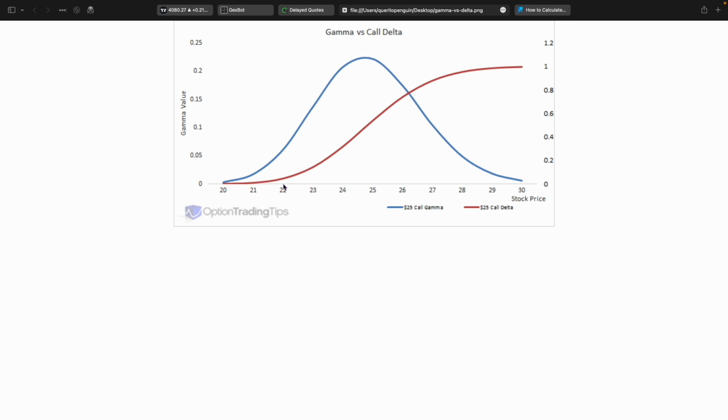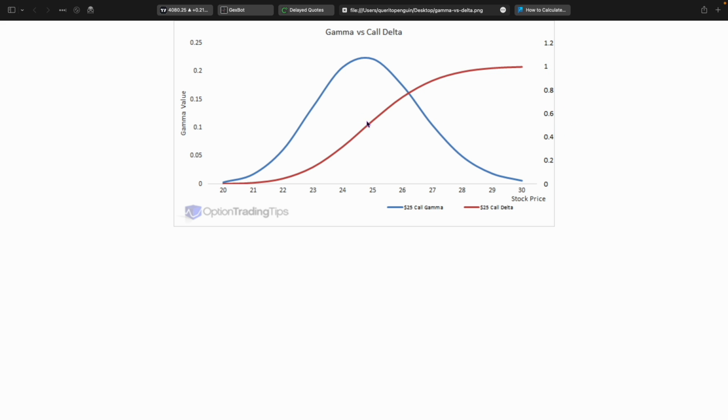If you look at this delta curve, and again, this is a delta curve for a call specifically, you can tell that, and I think that this is gamma value. In any case, right here, this is going to be around 0.5 delta because it's at the money. And then as it goes in the money, it's going to ramp all the way up to 1. So this axis actually does the delta properly.